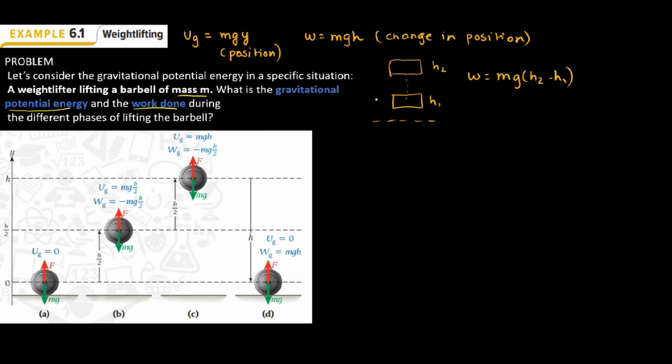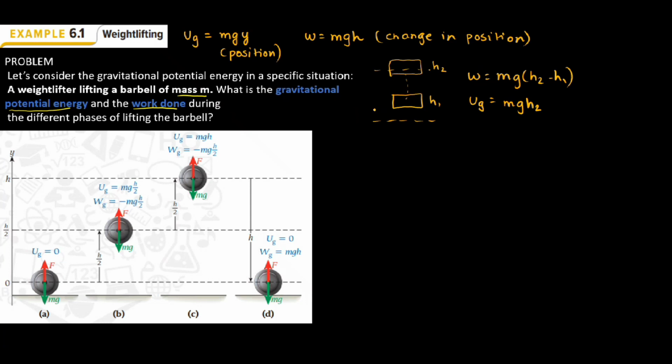Because we are only looking for how much work the force has to do in order to move the box from position h1 to h2. But if I want to find the potential energy of the box at h2, I write potential energy UG as mgh2. The value of potential energy only depends on the position of the object and not the initial point.